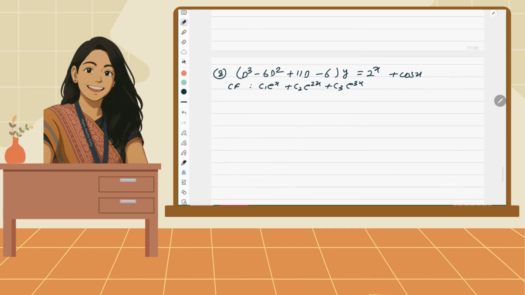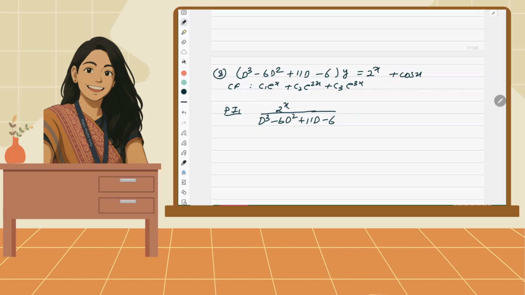Okay. So again here there are two parts. CF I have already written. So you can pause the video, solve it and check your CF. Now PI1. PI1 is 2 to the power x upon d cube minus 6d square plus 11d minus 6.